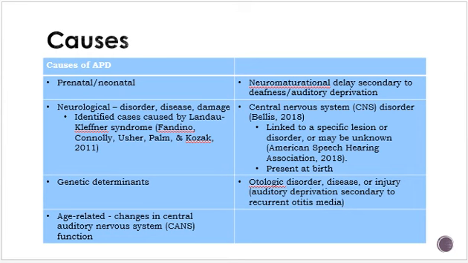Causes from the central nervous system, such as disorders, can be linked to specific lesions or disorders, or can be unknown, and can also be present at birth. Additionally, otologic disorder, disease, or injury can cause APD.